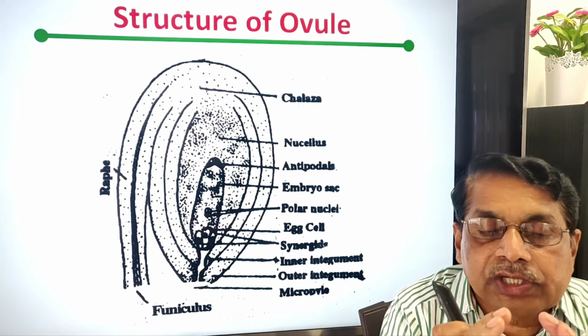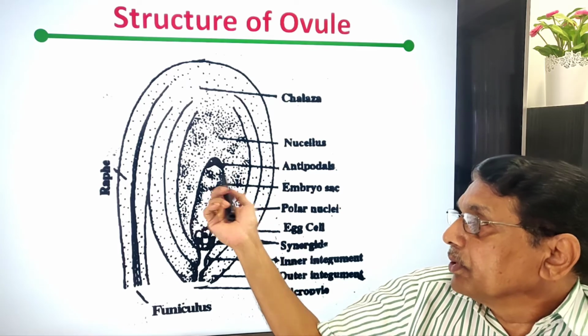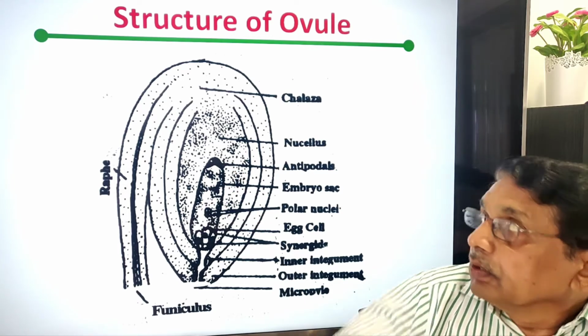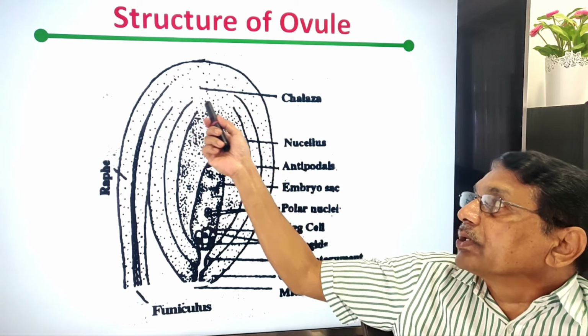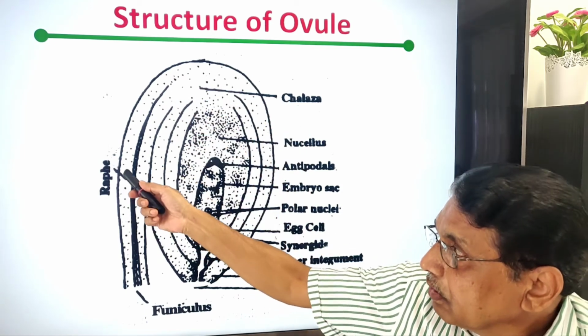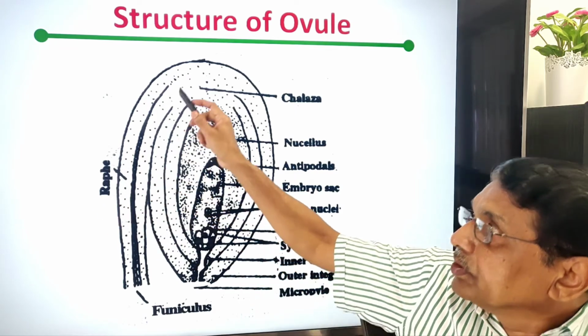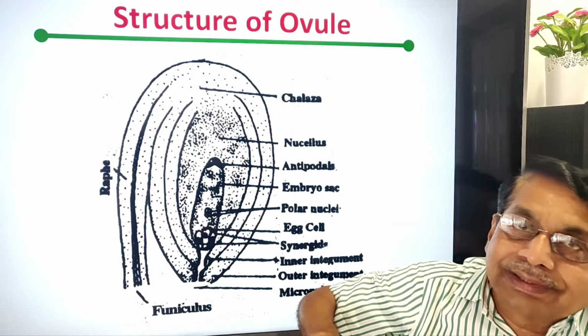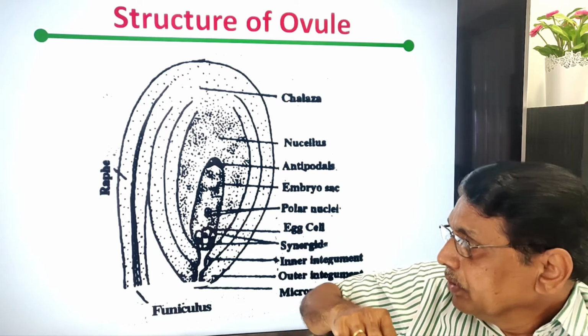If the ovules are straight, orthotropous. But this is anatropous. This end is called chalazal end. This part is called chalaza, where the raphe joins the ovule. Chalaza, or some people pronounce it as chalaza.